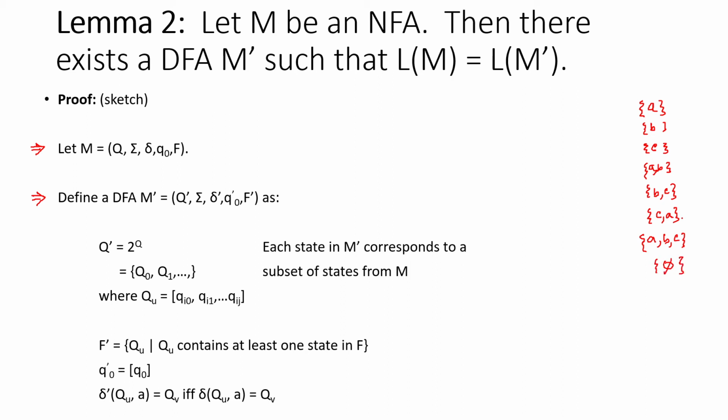You see, the total number of subsets of the states is 8. 2 to the power Q equals 8. So that means from A, in an NFA, for symbol 0, you can go to A, you can go to B, you can go to any of these 2 to the power Q states for the same symbol 0, suppose.